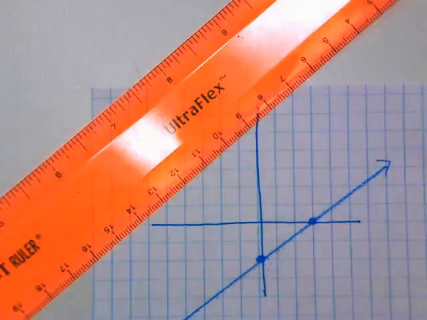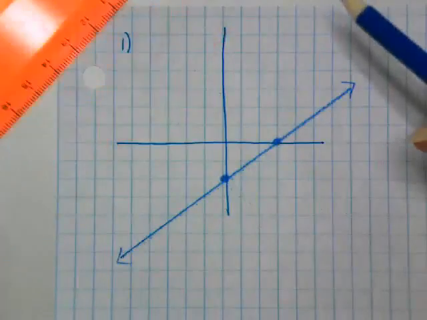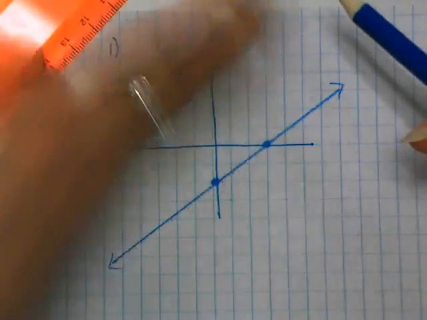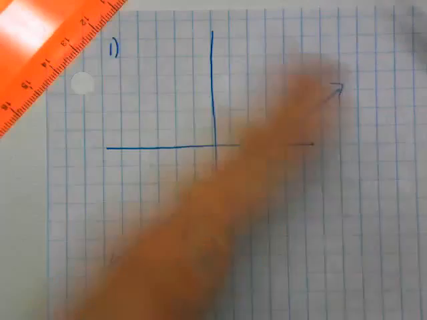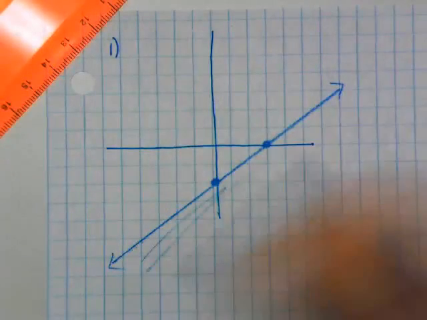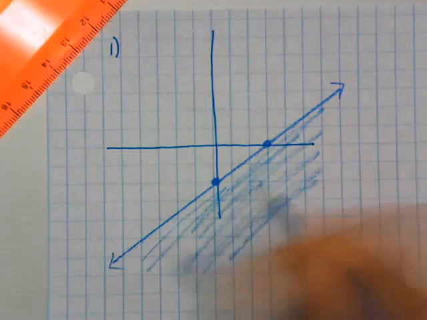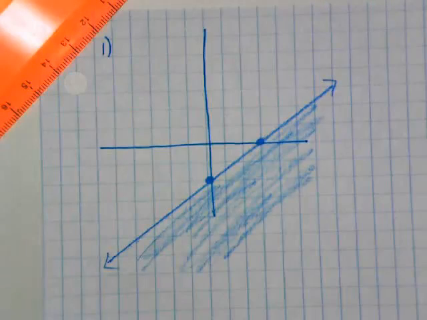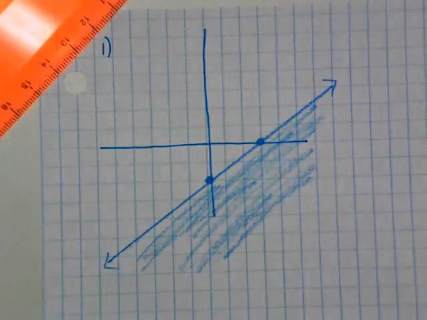And I want it to be less than. Above the line would be greater than, below the line would be less than. So your solution would look like this. That's graphing a linear inequality.